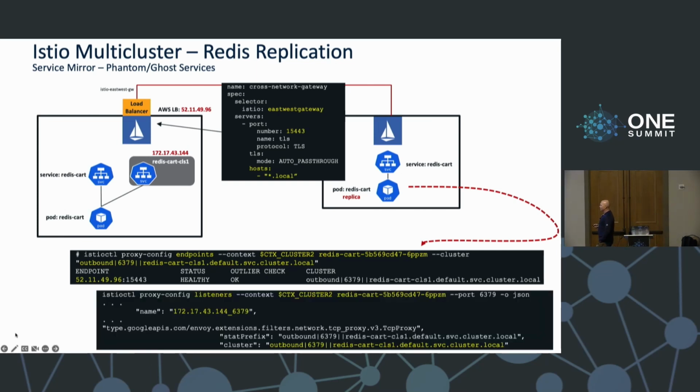The second bit of information it tells it is the listener information. The listener information is simply the pod service kind of communication layer that we need to tell our pod about the internal or the cluster IP address of the service itself. So this pod will now know, okay, when I need to go to this particular name, redis-cart CLS1, Istio is going to intercept that. It's going to pass me to this AWS LB.